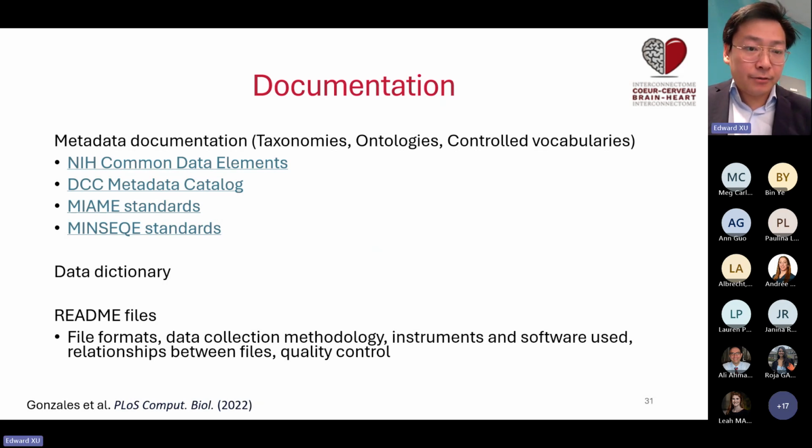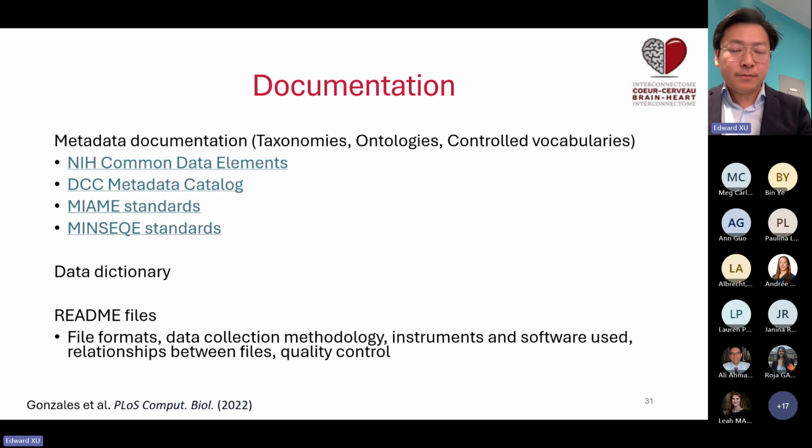MIAME is for microarray data, and MINSEQE for sequencing data. So these will be good resources to go to when you want to describe your data with the right vocabulary. You also want to include a data dictionary and to define each variable in your data set. So this will make it much easier for others to understand your data in the future.